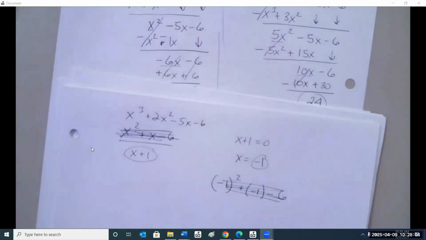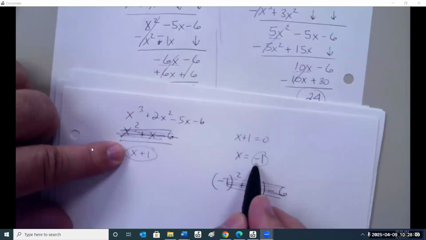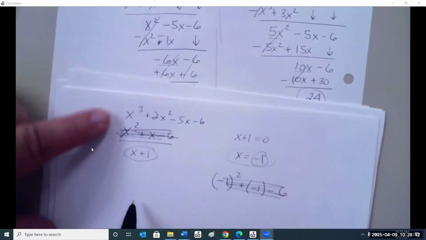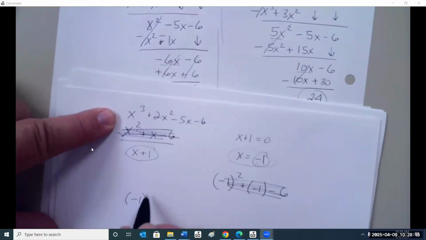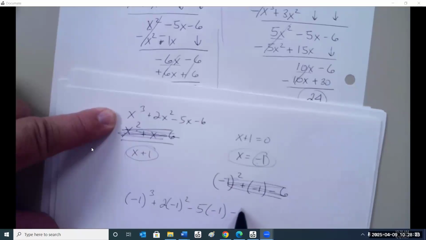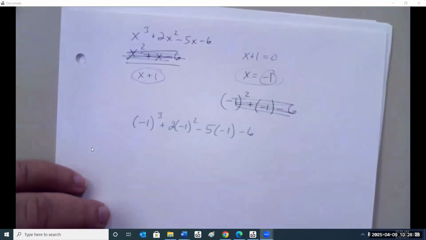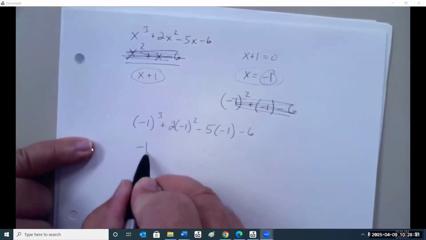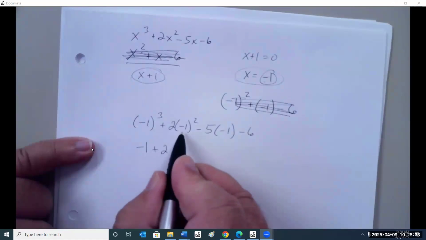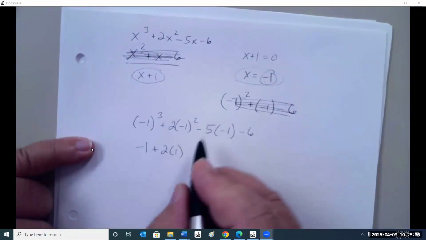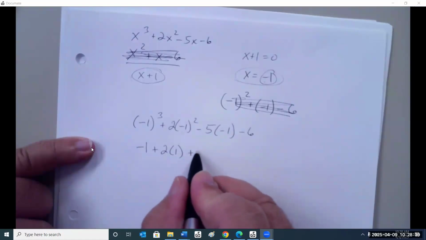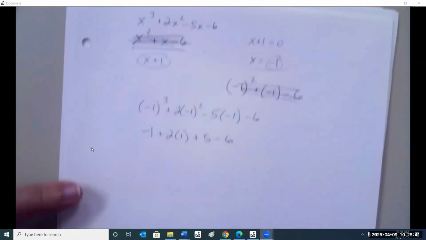Okay, we saw that we can use long division. But if we take the bottom and solve it and plug this answer into the top, so it's -1 cubed plus 2 times -1 squared minus 5 times -1 minus 6. -1 cubed is -1. -1 squared is 1. -5 times -1 is +5, minus 6.